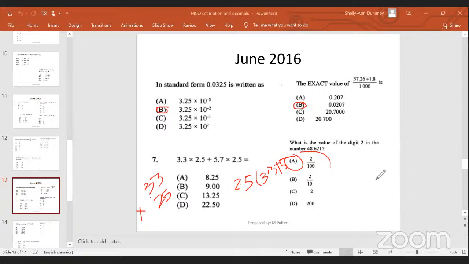Tell me what you said again. Add everything in the bracket and you get 9. Okay, so you get 9, if you change to a whole number.